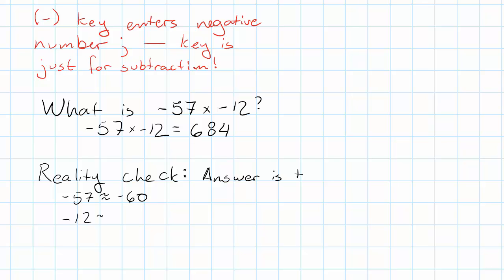Negative 12, that's pretty close to negative 10. We expect our answer to be pretty close to negative 60 times negative 10, which will be positive. 6 times 1 is 6, 1, 2 zeros. We expect our answer to be about positive 600. That's what we see.